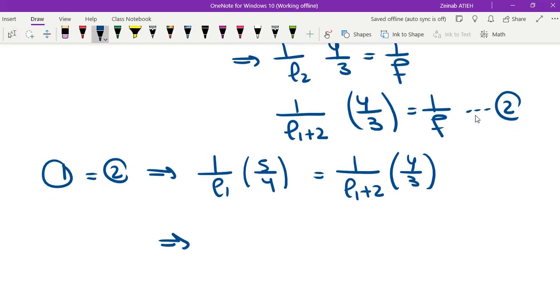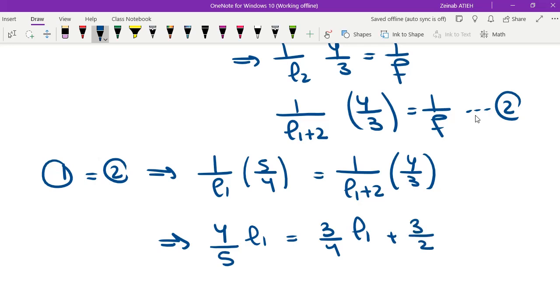I will invert the equation, it looks nicer, since I am looking for L1. So 4 over 5 L1 equals 3 over 4 L1 plus 2 times 3 over 4, so 6 over 4, which is 3 over 2.